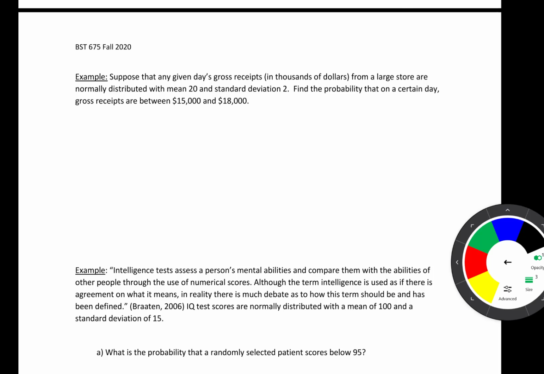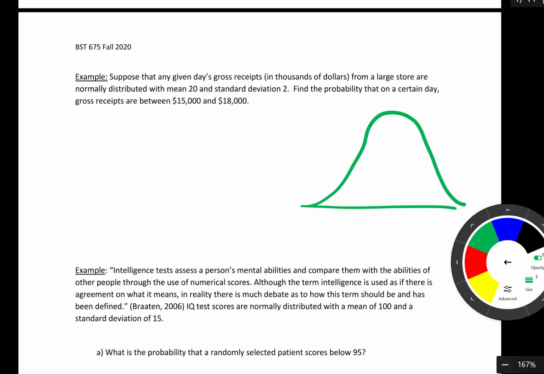So whenever I work with a normal distribution, I think it's always a good idea to start by drawing what that curve looks like. So here's my normal curve. And I know that the mean is at 20,000.